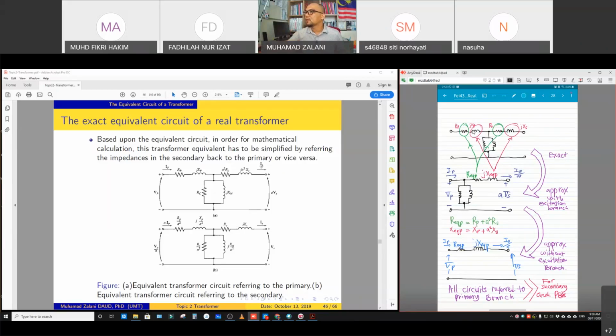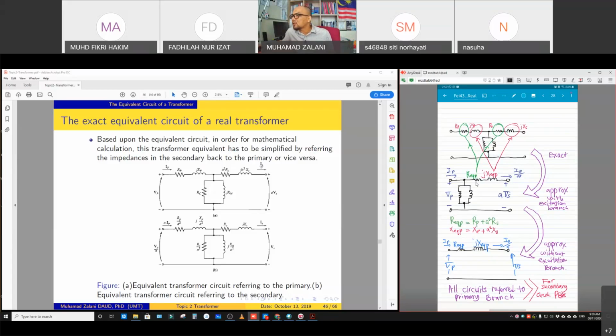For example, the resistances Rp and Rs have been combined into R eq P. R eq P represents the sum of Rp and Rs. Similarly, X eq P here represents the reactances Xp and Xs in the exact equivalent circuit.